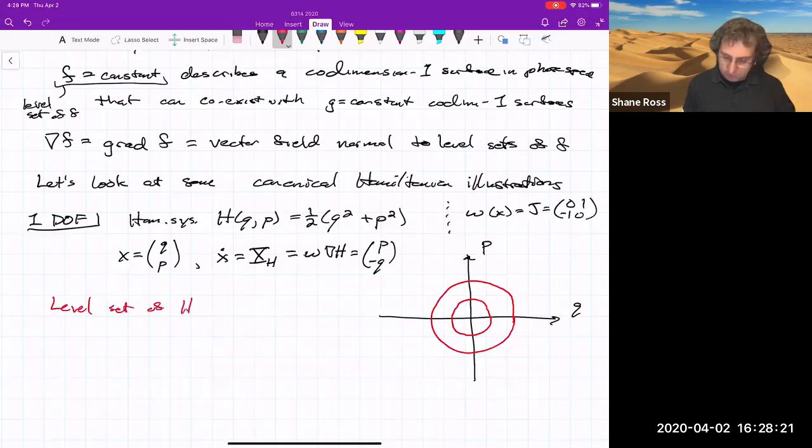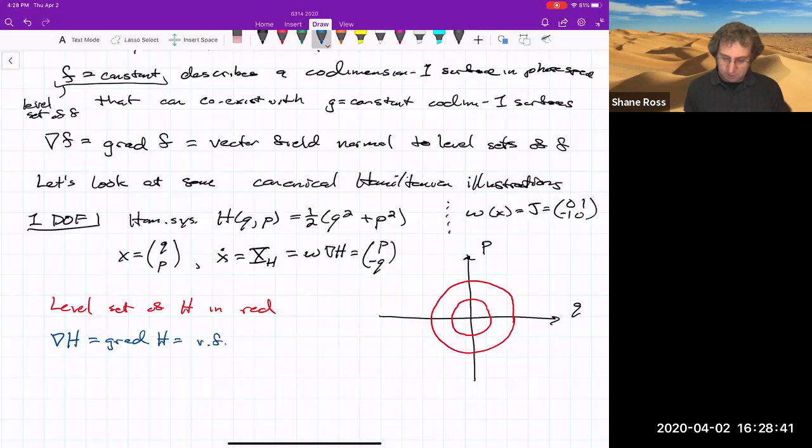Level sets of H are in red. The gradient of H, I'll just write grad H.